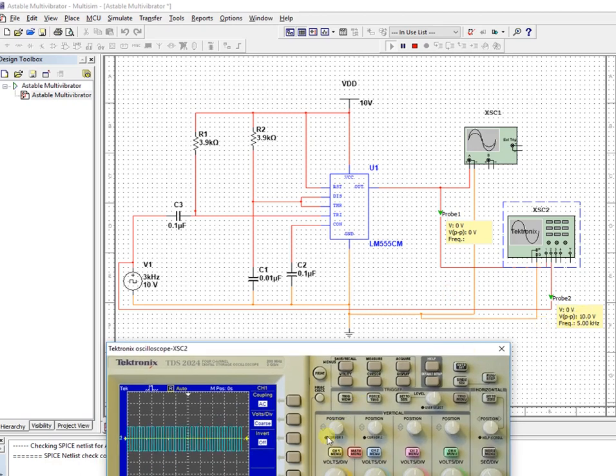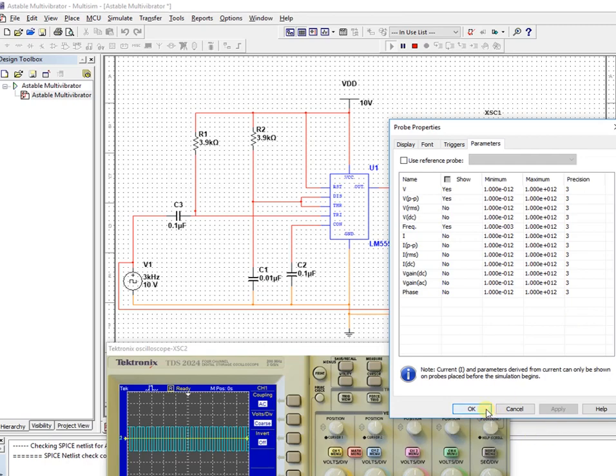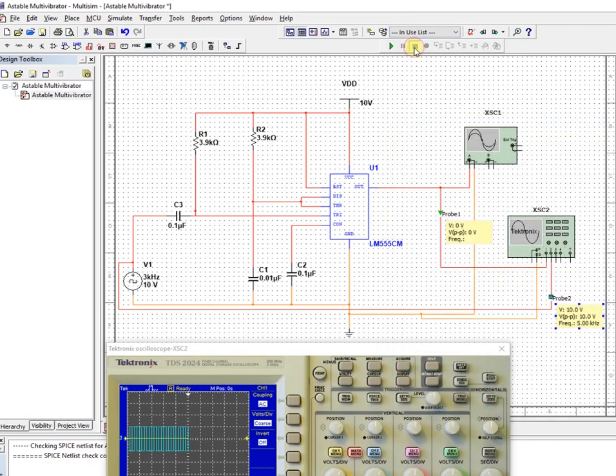So let me change the frequency again, so say 2 kilohertz, and see whether I get the output or not.